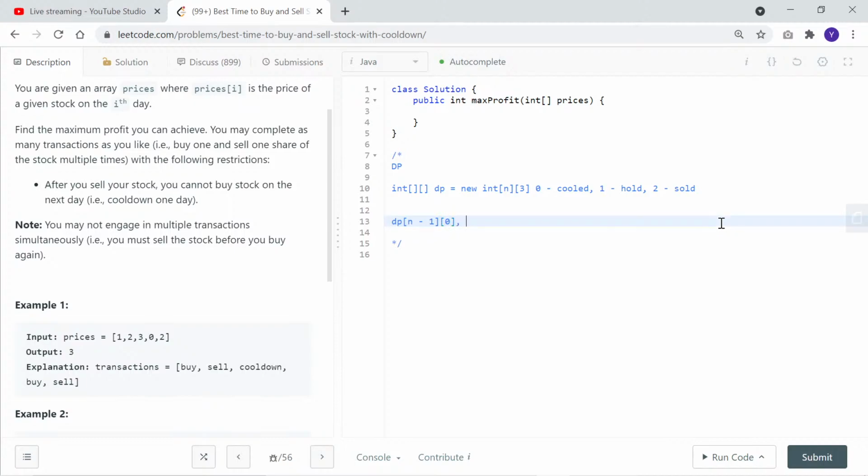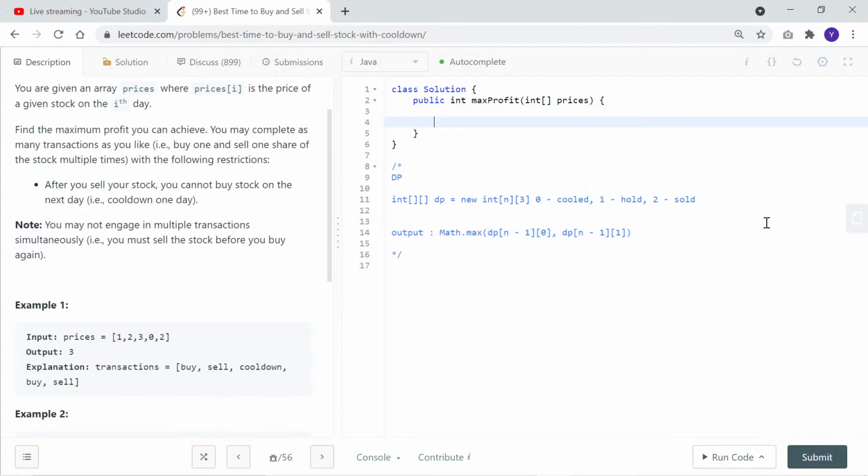So the return will be the maximum of these two. Yeah, let's maybe start writing the code, and I will explain while I'm writing.